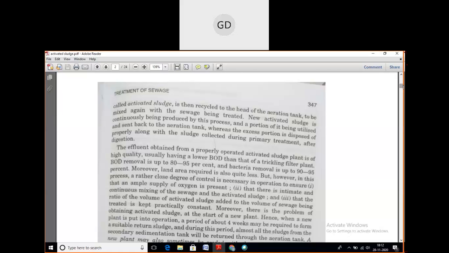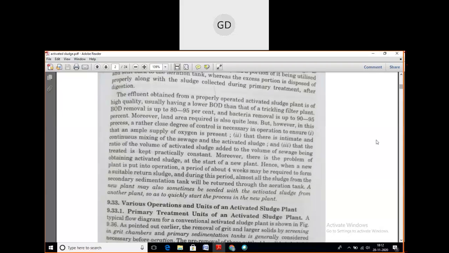So the operation should be very controlled. And number three, the ratio of the volume of activated sludge added to the volume of sewage being treated is practically constant.